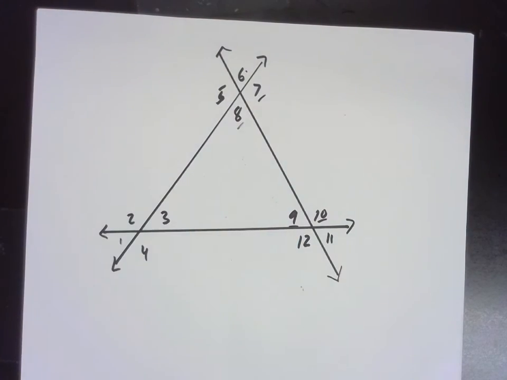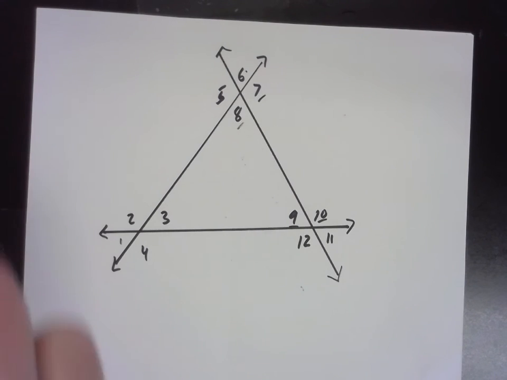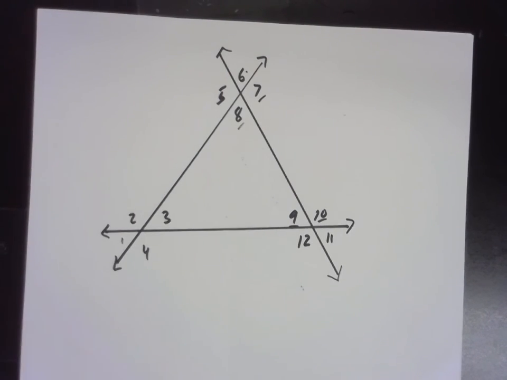Okay. Very good. So today's all about the words. Parallel lines, skew lines, perpendicular lines, transversal, consecutive angles, corresponding angles, alternate interior angles, alternate exterior angles, and consecutive interior angles.